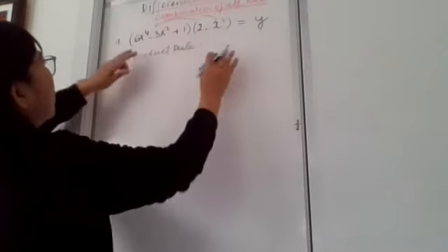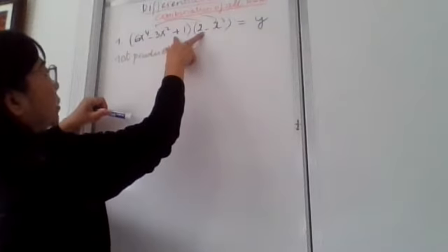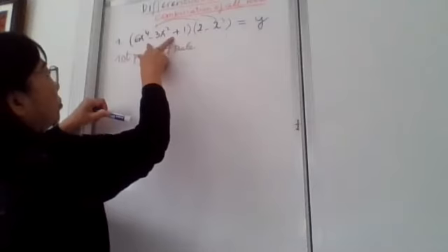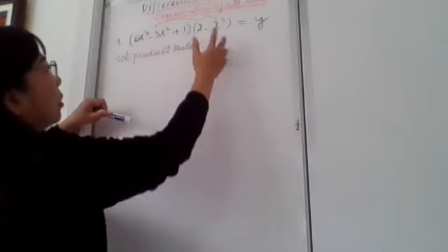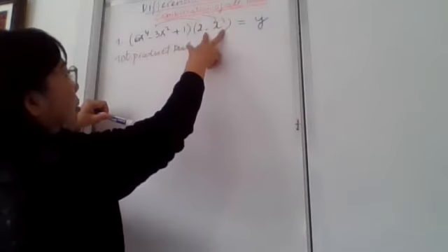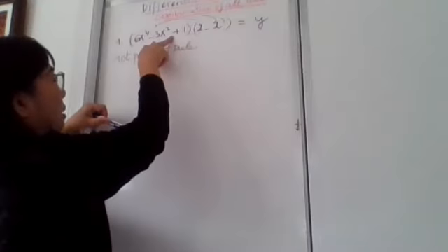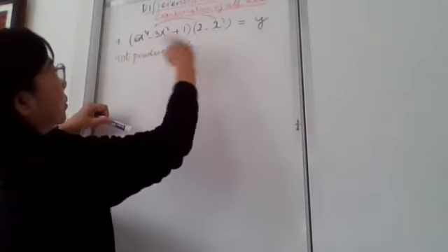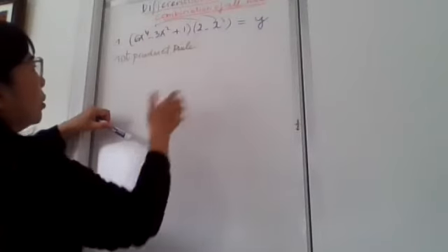The product rule says that whenever we have two brackets multiplied together, we can keep one of them the same, take the derivative of the second one, then add the derivative of the other one, keeping the second the same. So the order doesn't matter.